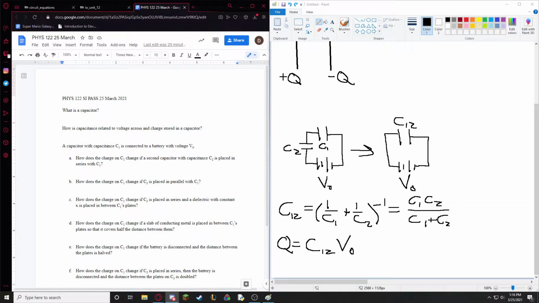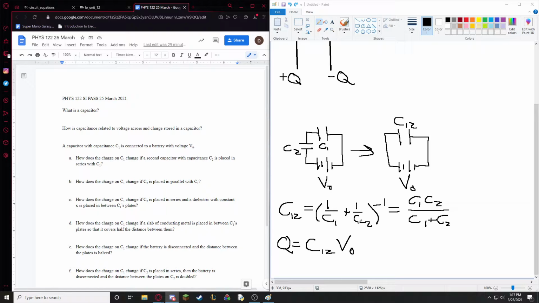And that would have to do with how you add them together. If we want to actually use numbers, let's say C1 is 5 farads and C2 is 3 farads. The total net capacitance, 1 over 5 plus 1 over 3, and then 1 over that ends up being a little less than 2.